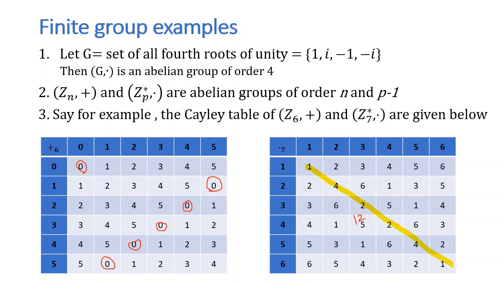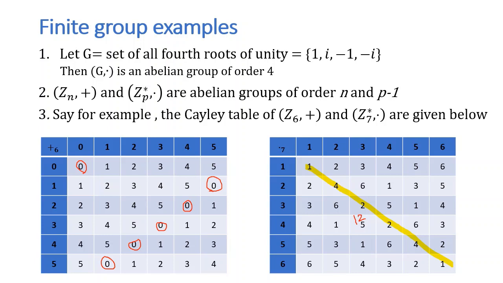Corresponding values will be equal. So you can see from the table itself that the commutative law holds. 3 into 1 is 3, and 3 into 2 is 6, and also 2 into 3 is 6. So these two values are equal. So you can say that the commutative law also holds in this set.